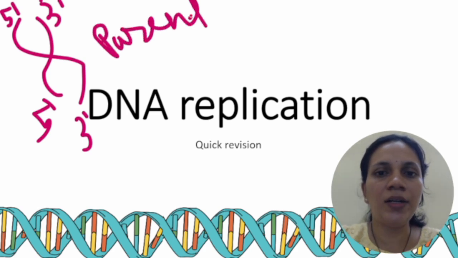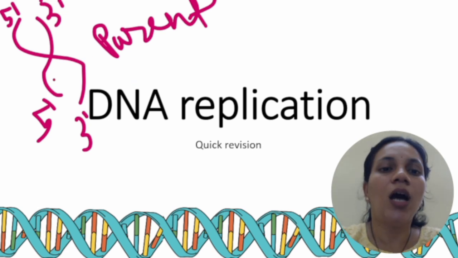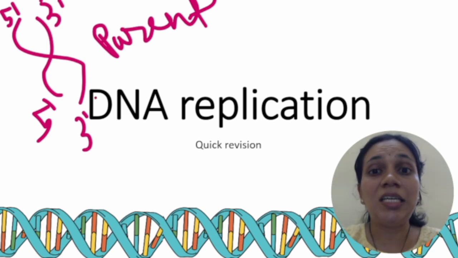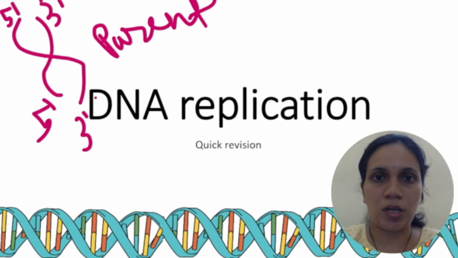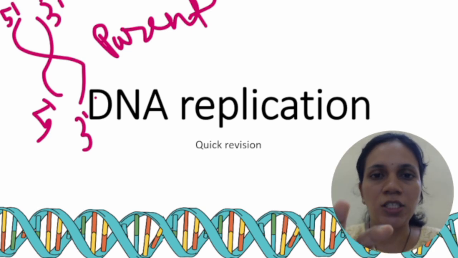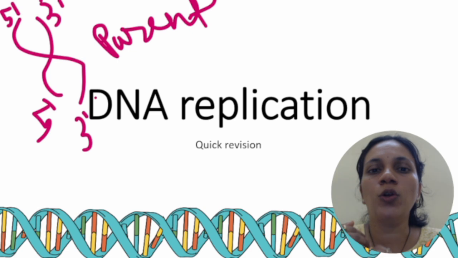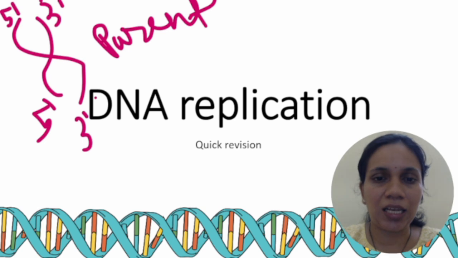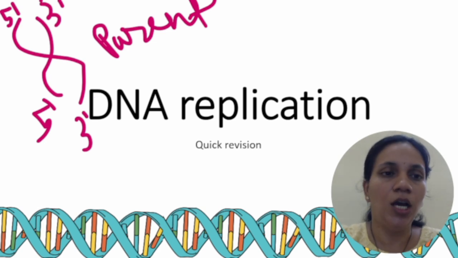And the outcome or the copy that would be formed using both the strands of DNA is called the daughter DNA or the daughter strands. So the original is the parent DNA that is going to act as a template, and the newly synthesized DNA is called the daughter DNA. So these terms need to be remembered.